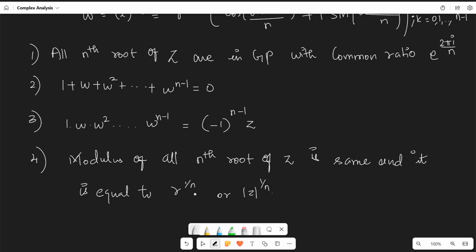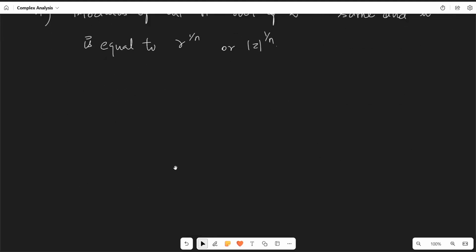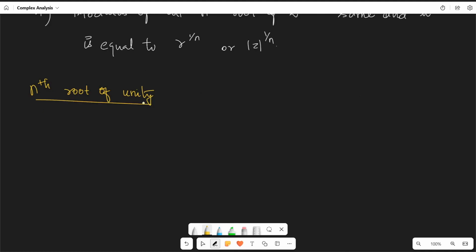Now, this is for general z. z can be any complex number. When you take the particular case z equal to 1, that is the nth root of unity. In this case, we have z equal to 1 power 1 by n.